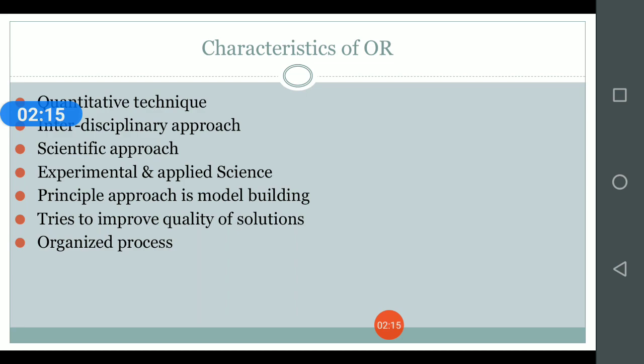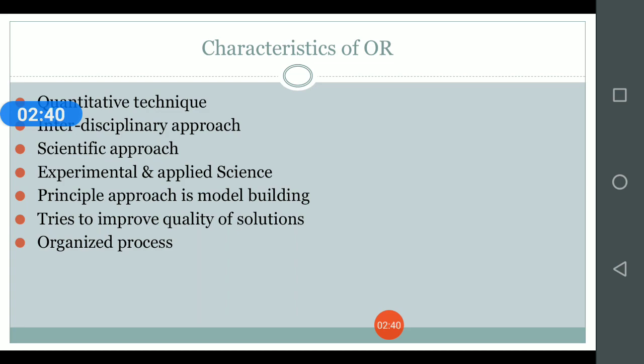One important characteristic of operations research is that it is interdisciplinary in nature. That means it is not only useful for one particular field, but it can be used in many different areas. It can be used for military purposes, but at the same time, it can be an important tool for a manager.